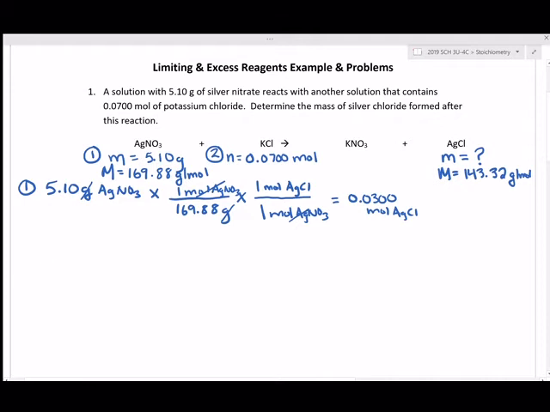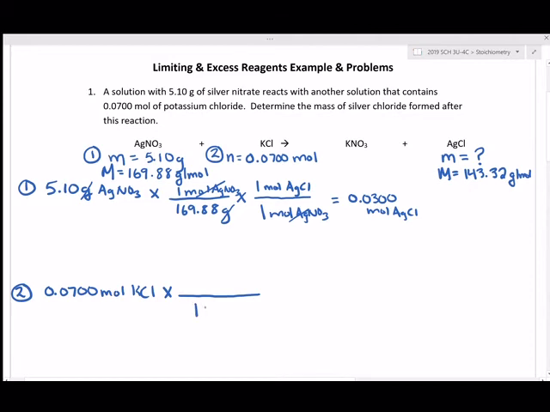Okay, so I'm just going to leave a little bit of room. So my second substance, I have 0.0700 moles of potassium chloride. And again, I want to know how much product of silver chloride I can make. So notice we get off lucky here because we're already in moles.